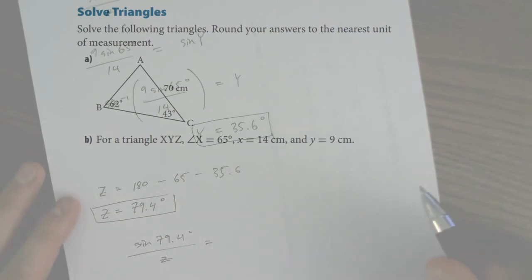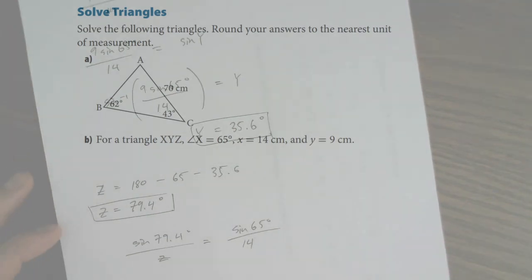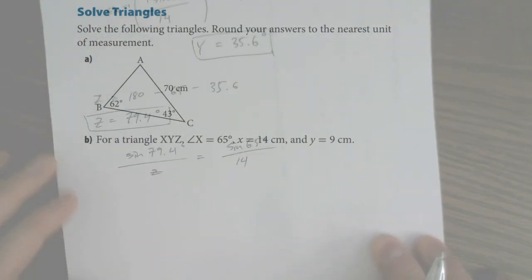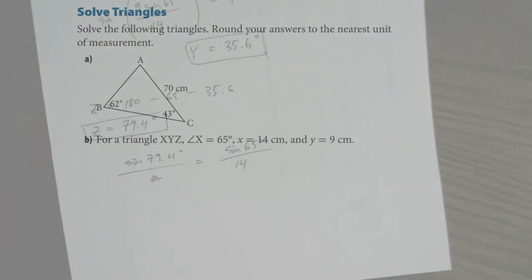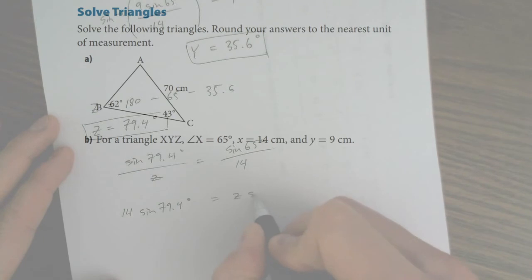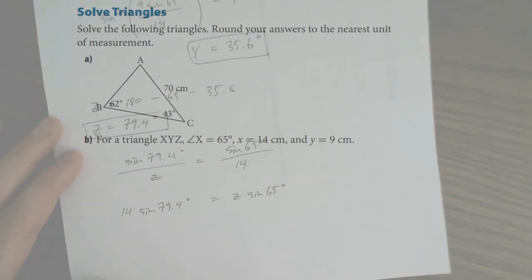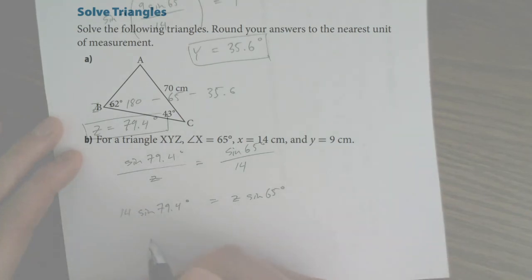And I'm going to use the information about x. I'm going to multiply both sides by z and both sides by 14. Divide both sides by sine 65.